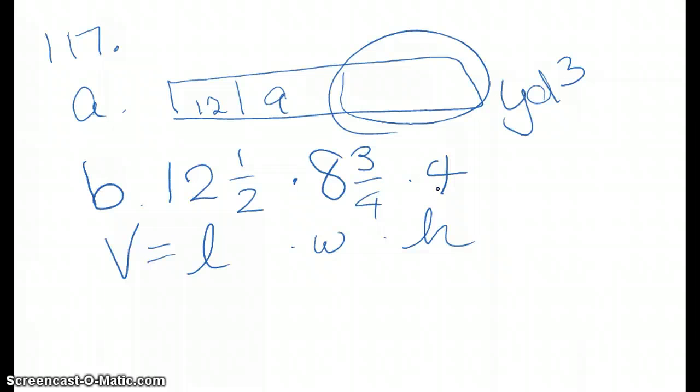You can reduce any numerator with any denominator. And then you're just going to make sure you label that in yards cubed. Now for this one, it may make more sense to put it into a mixed number because you're not going to order a big mixed fraction in yards cubed. The mixed number may make a little more sense here. So give that one a try.